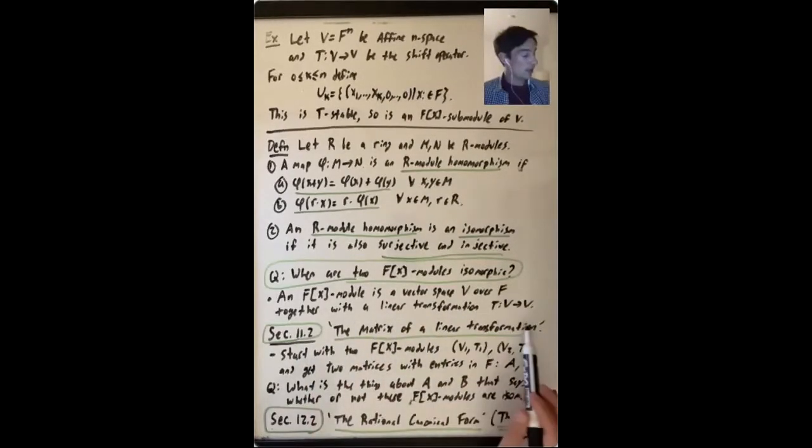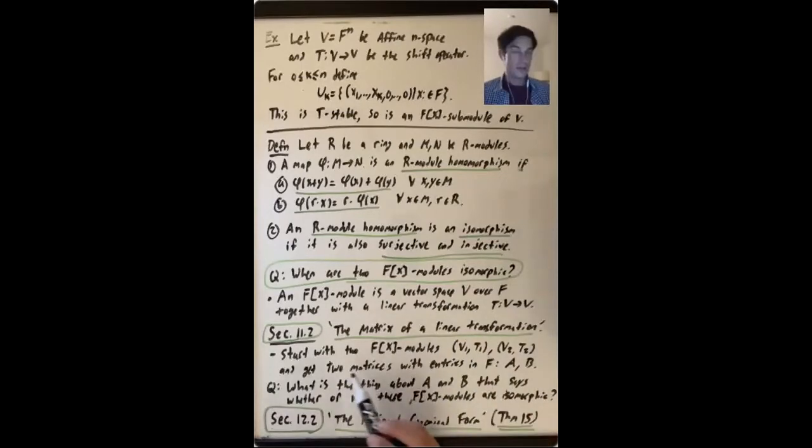The material of this discussion of the matrix of a linear transformation is going to give us one matrix for each of these transformations. So we'll get two matrices. They'll both have entries in F. Let's call them A and B. So the matrix of the first linear transformation, the matrix of the second linear transformation.